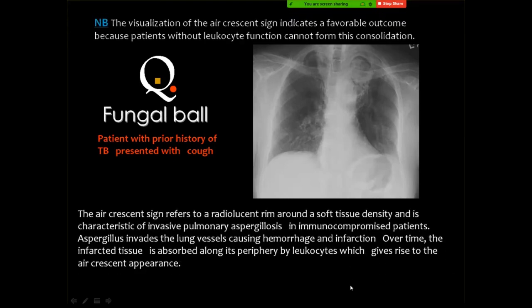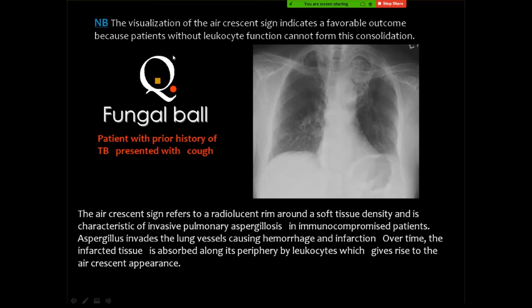Mycetoma? Yes, there is a cavity in the left upper lobe. This is the cavity in the apex of the lung with a mass in the cavity and the halo sign, which is diagnostic of a fungal ball or mycetoma or aspergilloma.